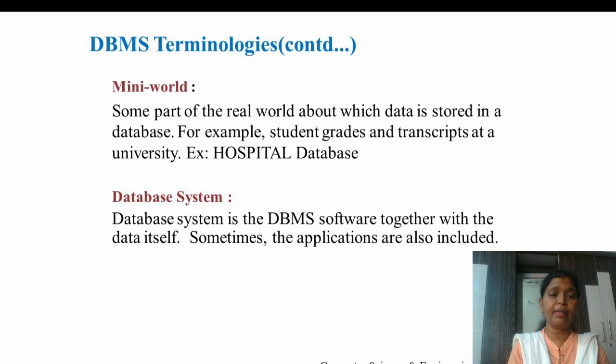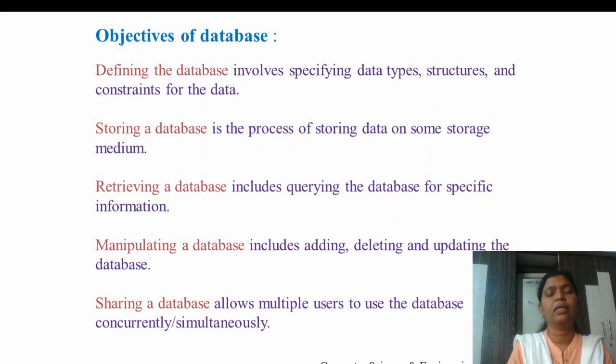So the database and the DBMS software collectively together we take as a database system. We can also include the applications in that. Do not worry about all this, because we are going to elaborate once again with the diagram and examples.